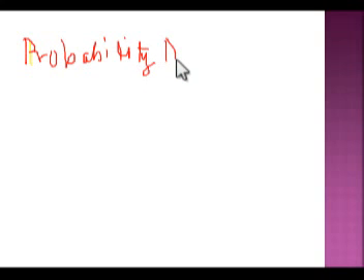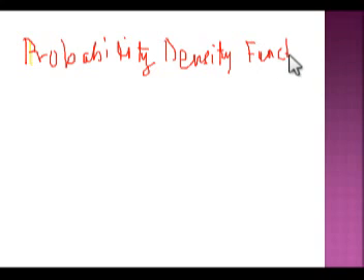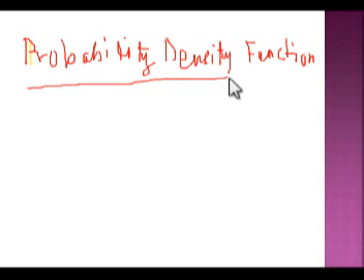Probability density function. Here the diagram is different and is of continuous type. It means the data are of continuous type and the probability density function is of continuous type.